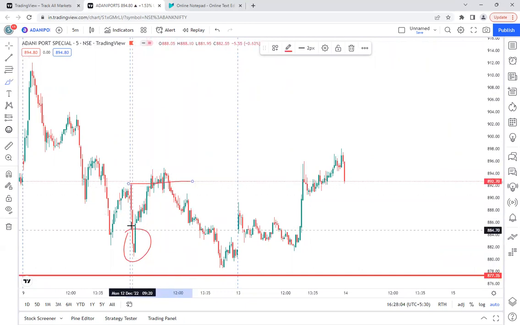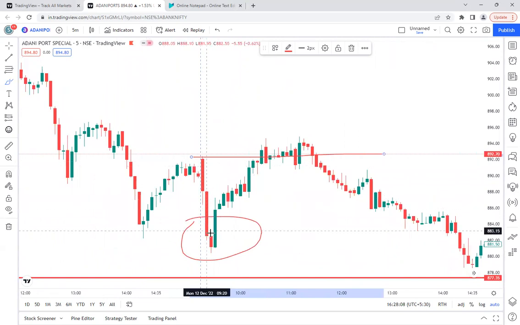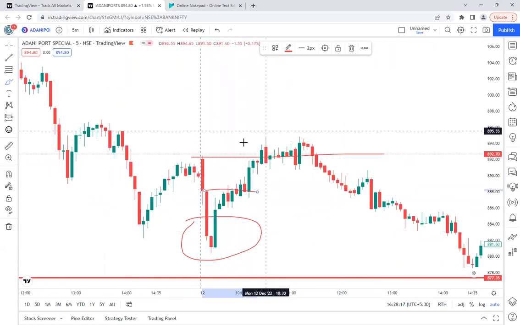Why at least the day high? There is no lower high here. If I zoom here, you can see there is no lower high for them to keep the stop loss. Some people might be using the previous candle high, but they killed everybody. Whoever kept the stop loss just above the previous candle high or the day high, they went continuously and killed everybody.